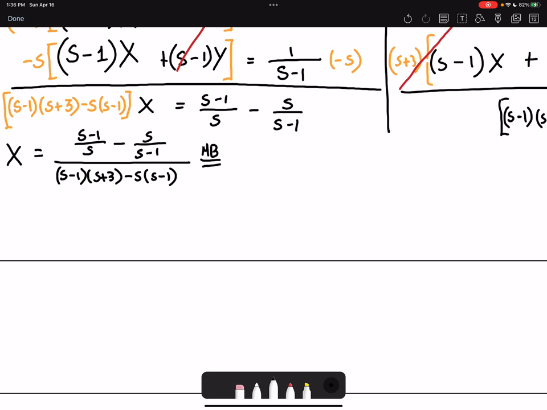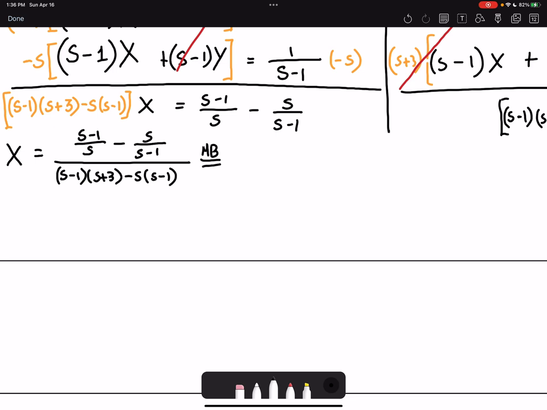This whole thing needs to be in parentheses and divided by a denominator, which is s minus 1 times s plus 3, minus s times s minus 1.